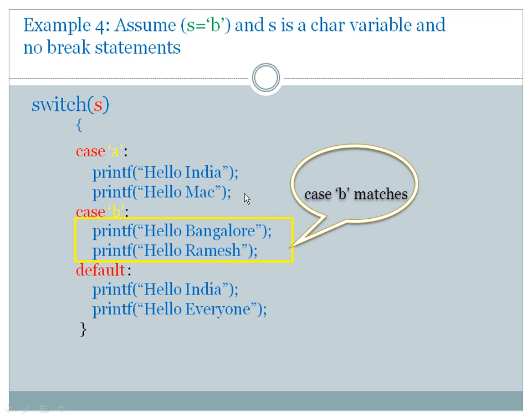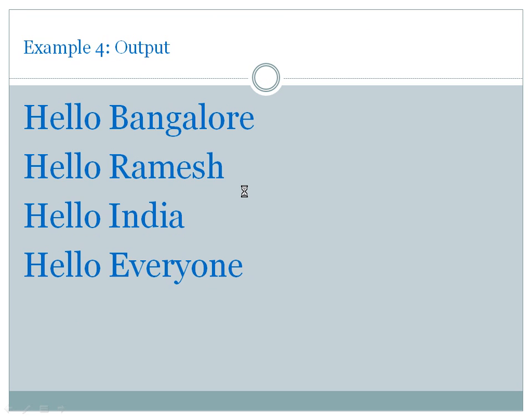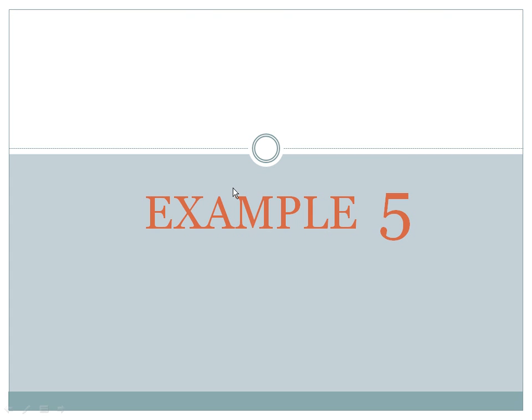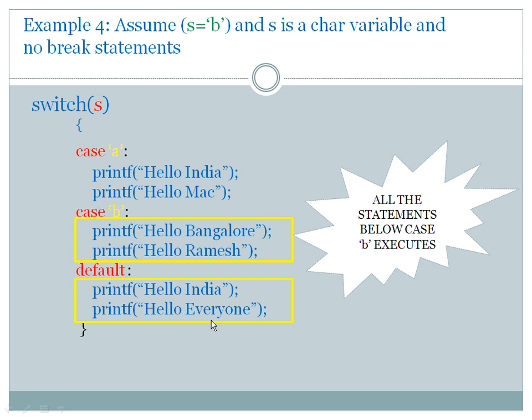The break keyword is very important in the switch case. Now we'll assume S is equal to B and there are no breaks. You can see that both the case B block and the default case execute, and we get all four statements as output.